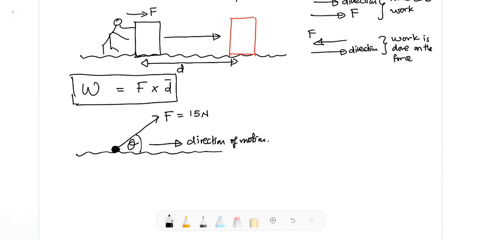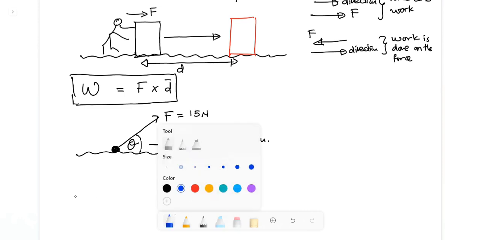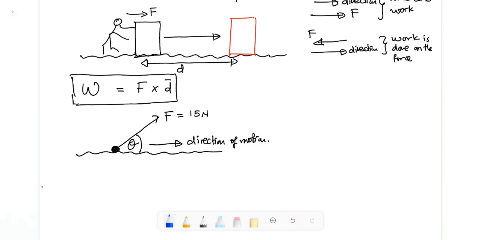All right. So what we need to do in cases like this, we have to resolve and find the horizontal component of this force, which is F cos theta. Please ignore the 15 newtons, right? F cos theta, right? This will be the horizontal component, and then we also have the vertical component that will be F sine theta. I hope you did resolution of forces back then, of vectors, right?